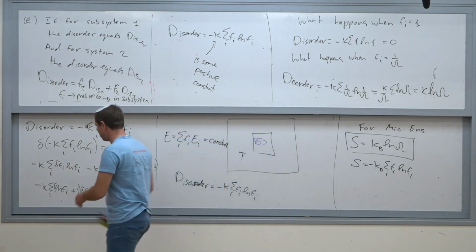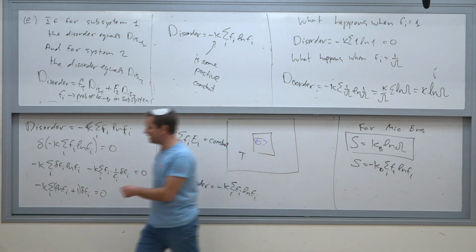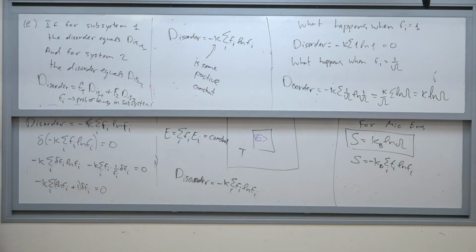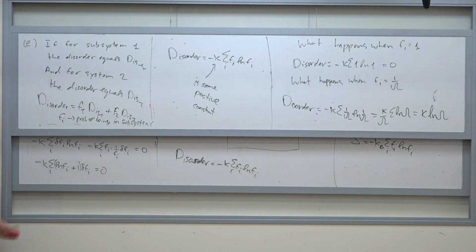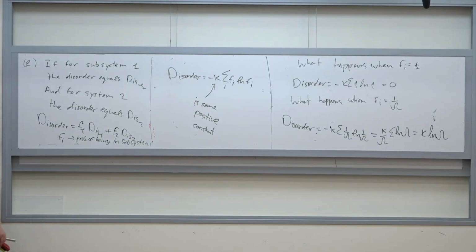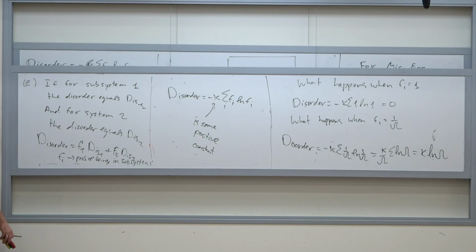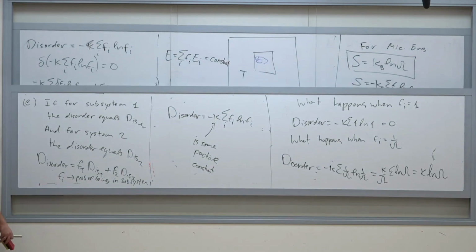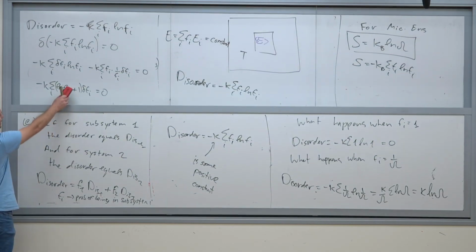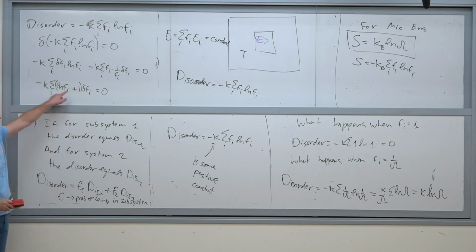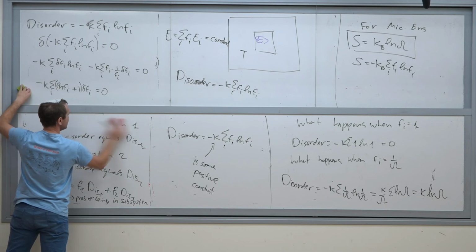But there are constraints, right? Because I cannot just say, well, this equation is always satisfied when the term in the parenthesis equals 0, because all the different Fi's are constrained. Okay? What kind of constraints do we have?